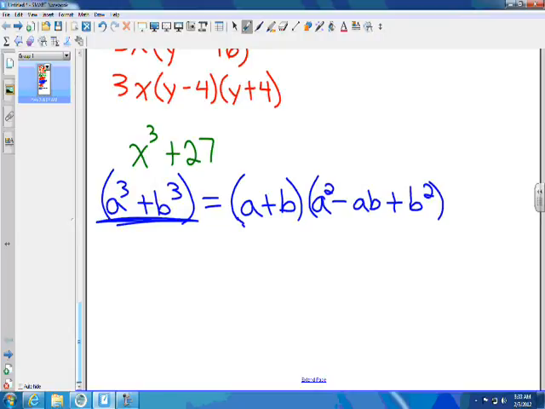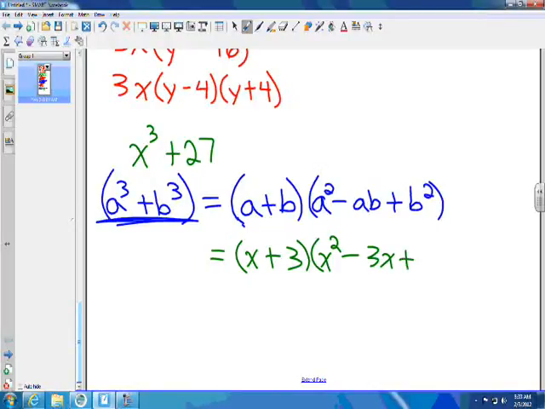So let's apply this to the x cubed plus 27. We have our first set of parentheses there. What's the cube root of x cubed? We already said was x plus the cube root of 27 is 3. So then we square this first term. X squared. That would give you x squared. And then minus, multiply these together. 3 times x is 3x.